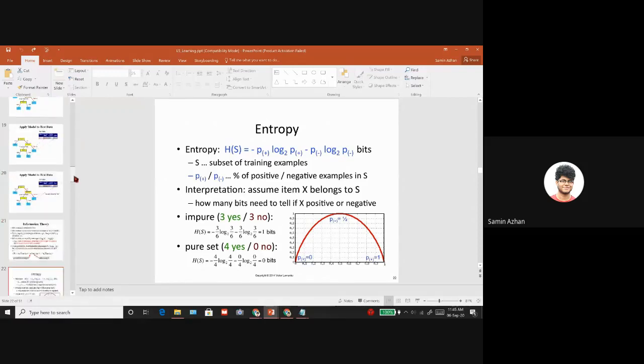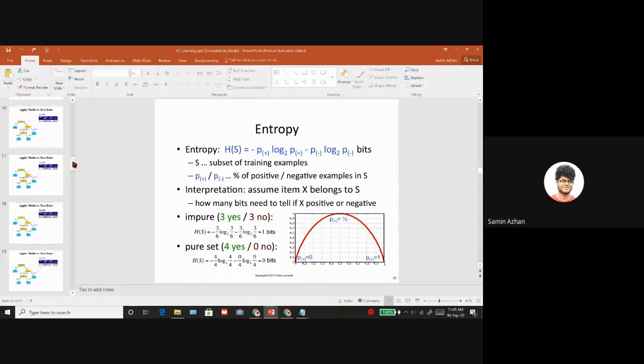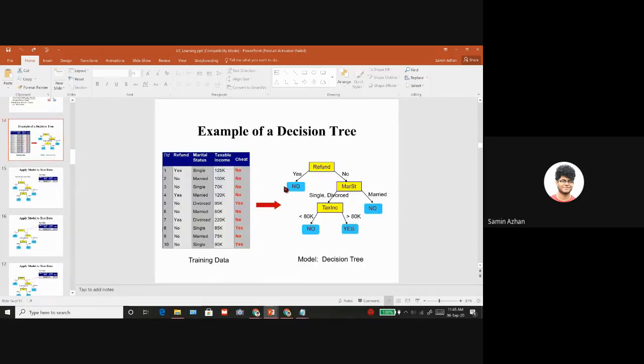It helps us understand which attribute would be more beneficial to choose as the root node, and practically the sequence. In this particular case, after calculating the entropy, it told us that choosing refund would give us the optimum answer, and after that, we should choose marital status, and after that, taxation.